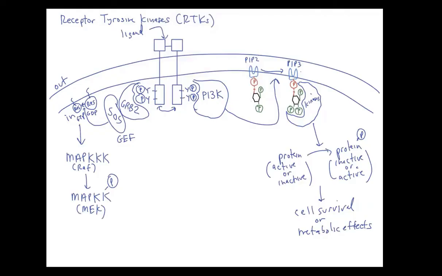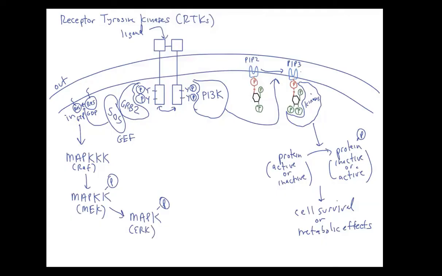So we have RAF is going to be phosphorylating and activating MEK, or MAP kinase kinase, and then MAP kinase kinase is going to phosphorylate MAP kinase, get a phosphate on it, and MAP kinase, the other name for it is ERK.